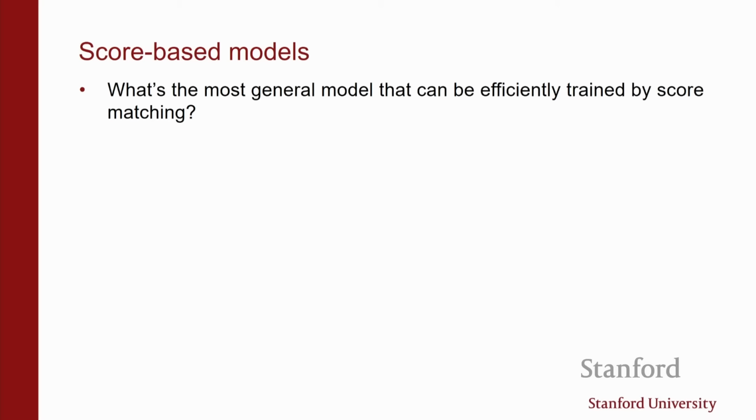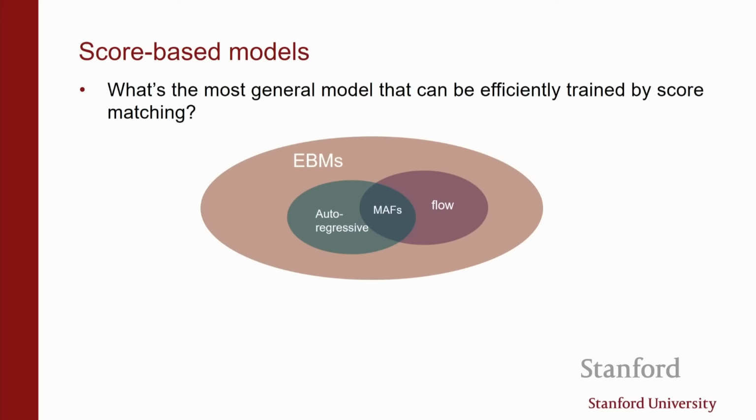But you could also wonder, what's the most general model family that we can train using score matching? You can certainly apply it to autoregressive models and to flow models. You can think of EBMs as a generalization, where autoregressive models and flow models are special kinds of EBMs where the partition function is guaranteed to be 1.